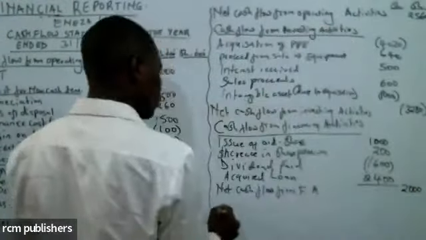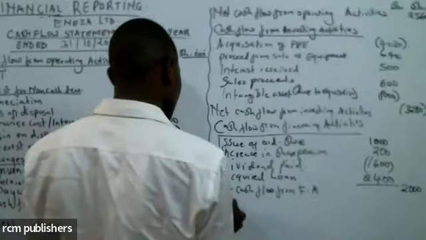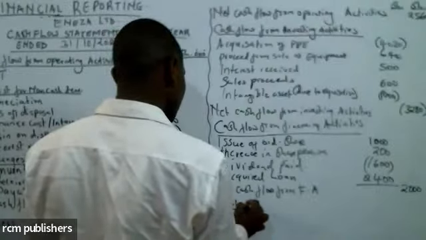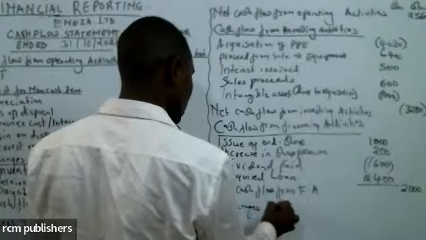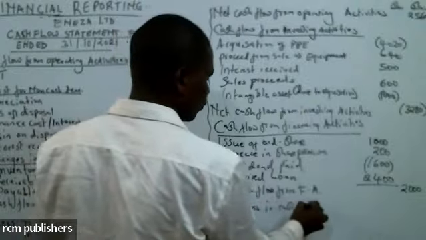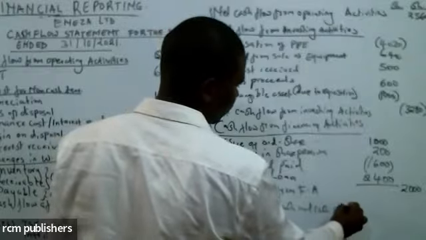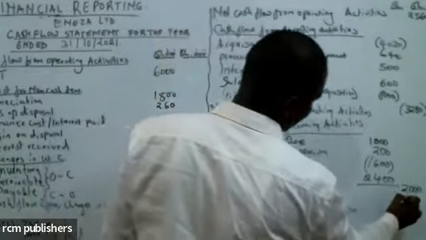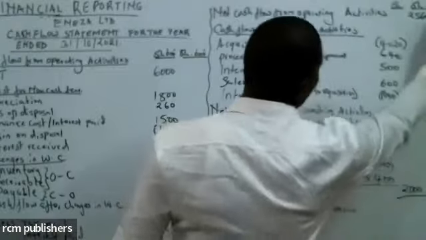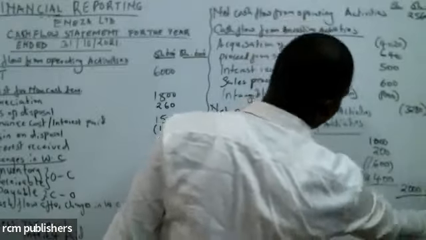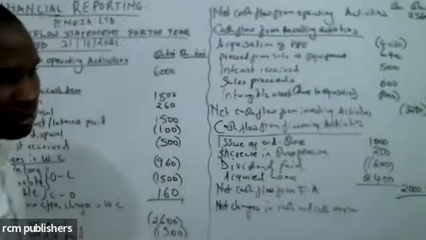Then from this point, it's where we say that we have the net changes in cash and cash equivalent. So class, can you give me the net changes in cash and cash equivalent? Of course, you add the three, the net.